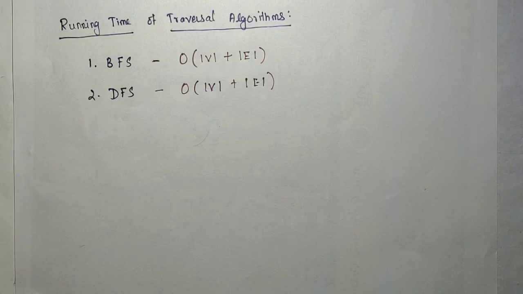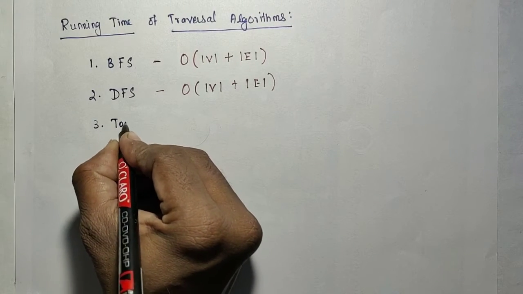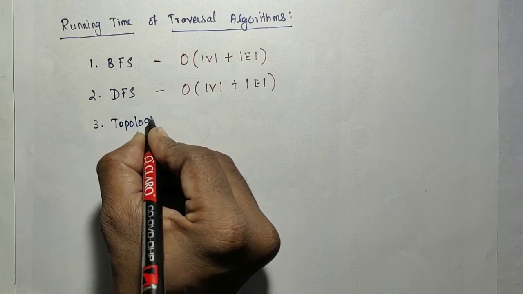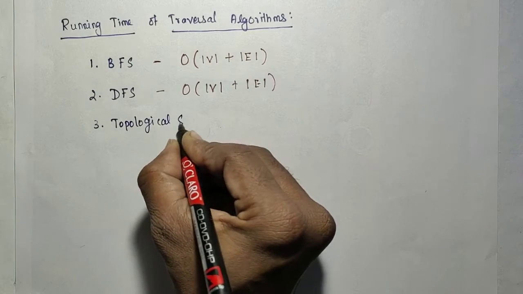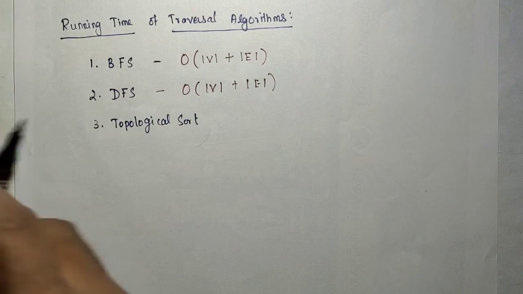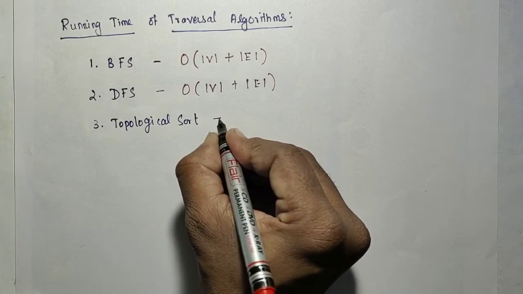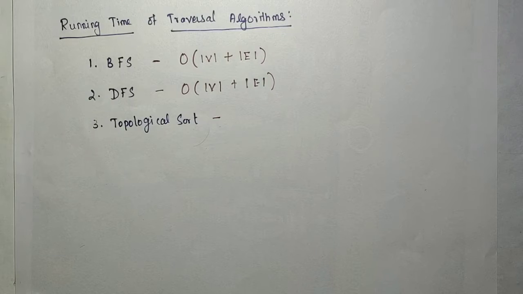And the third algorithm is the topological sort. Here also we are performing DFS only. So the DFS complexity is this one. After that we are inserting the element at the front. How many insert fronts will happen? The number of vertices.